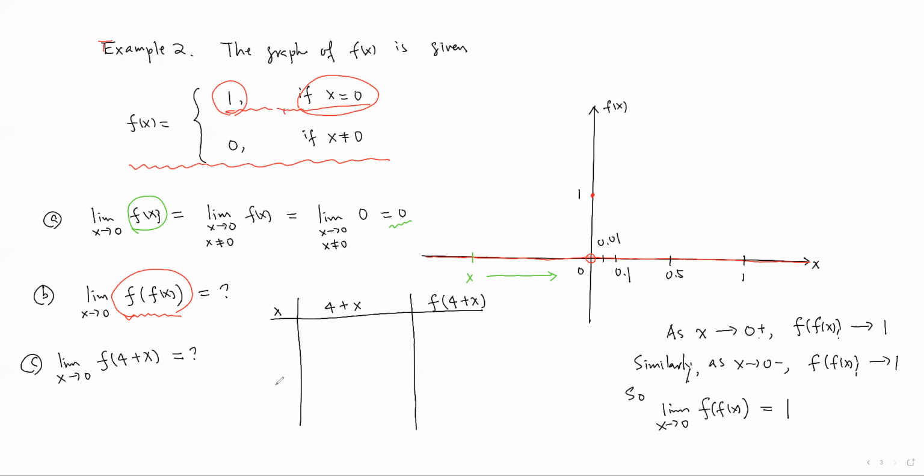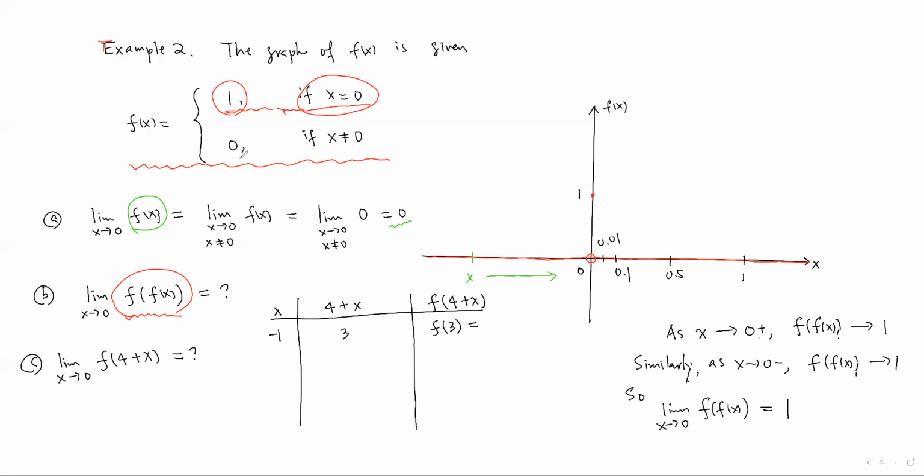Now again, x approaches 0. This is a both-sided limit. This time, let me pick points from the left side of 0. So first, -1. 4 plus -1 is the number 3, so the last column is f of 3.